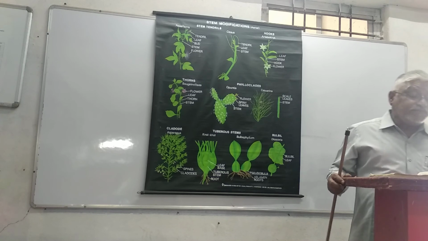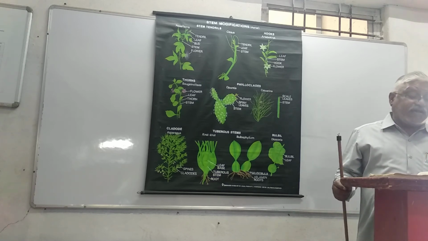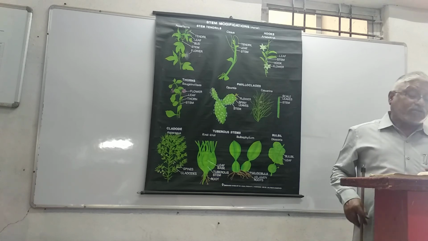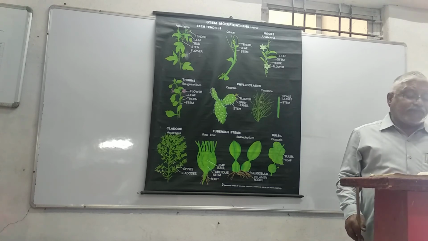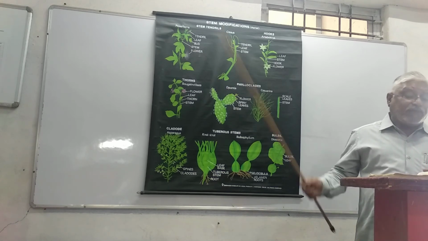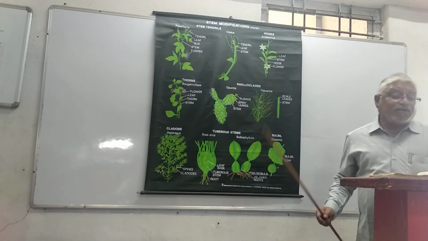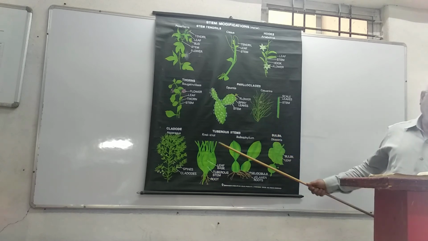They grow into a new plant, either while still attached to the parent plant or after their separation. The bulbils are organs of vegetative propagation. For example, Agave americana, Lilium, or Dioscorea, wild yam.